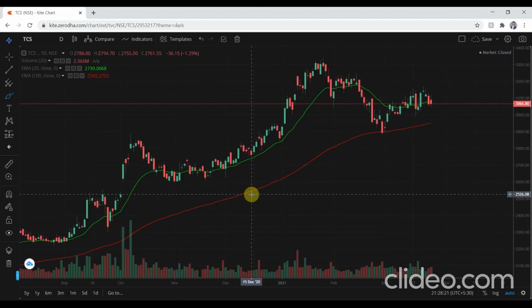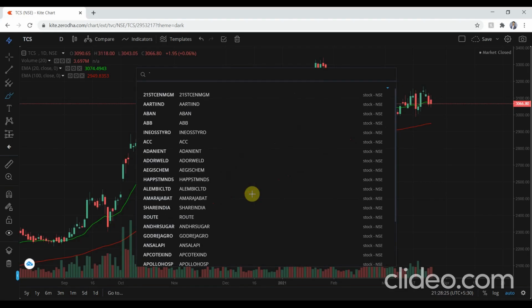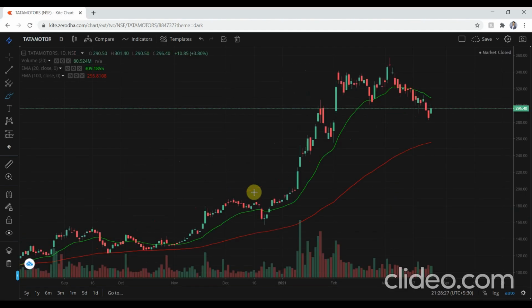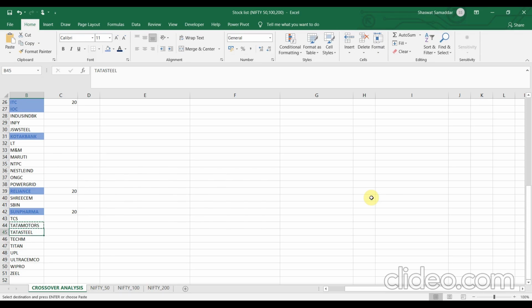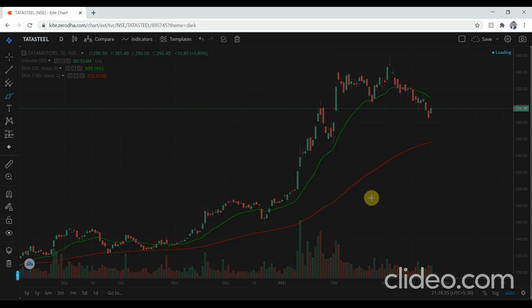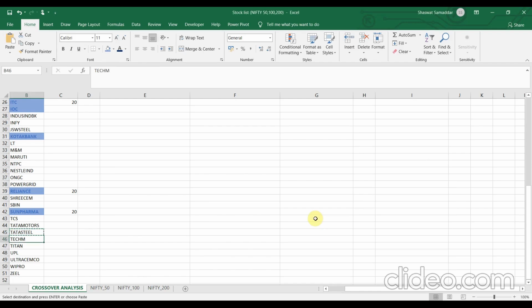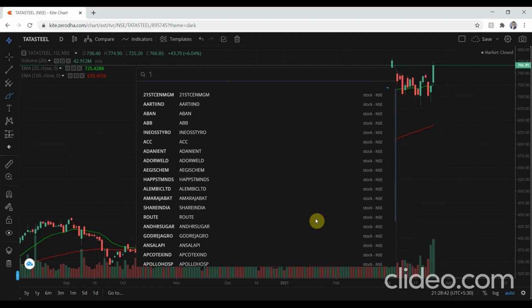No clear signals. Tata Motors. Okay, again well above the 100 EMA. Next is Tata Steel. It's well above the 100 EMA again. Tech Mahindra.